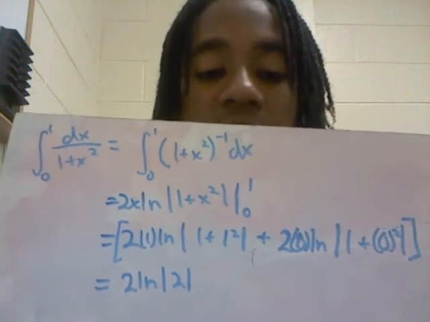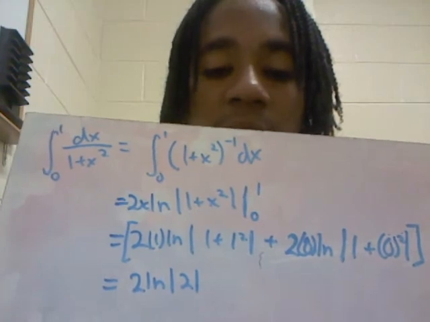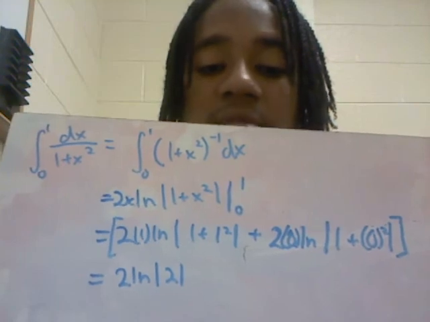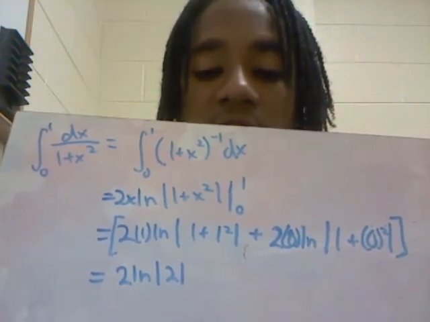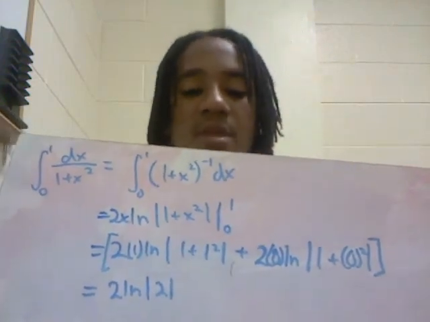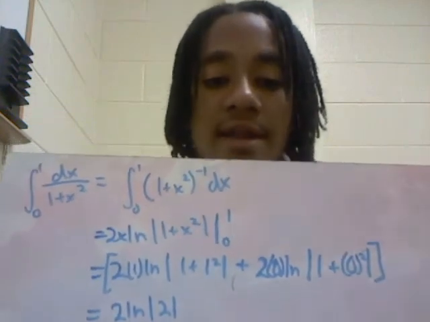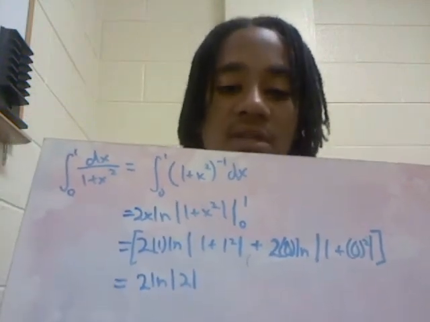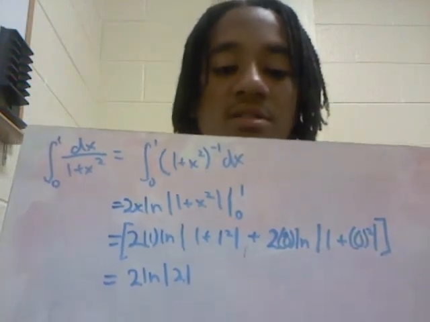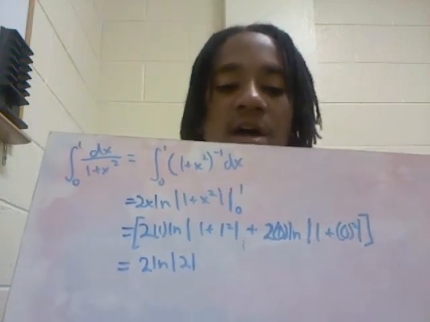It will be 2 times 1 times natural log of the absolute value of 1 plus 1 squared plus 2 times 0 times the natural log of the absolute value of 1 plus 0 squared. And since you already see it is multiplied by 0, the right side will be cancelled out and equal to 0. And all that will be left is 2 times the natural log of the absolute value of 2.